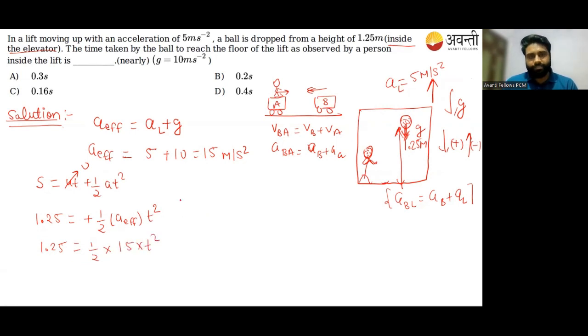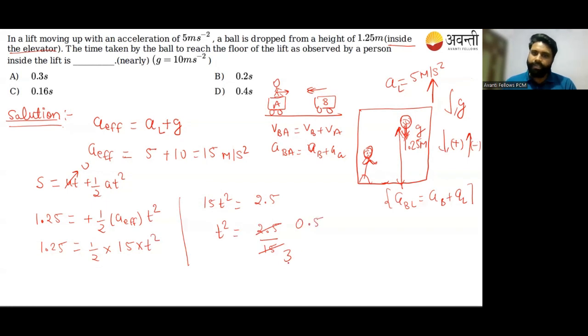If you multiply this, it is simple mathematics. So 15t square is equal to 2.5. So t square here is 2.5 divided by 15. Which is like, 3 5s are 15. Oh, sorry, 5 3s are 15 and 5 5s are 25.